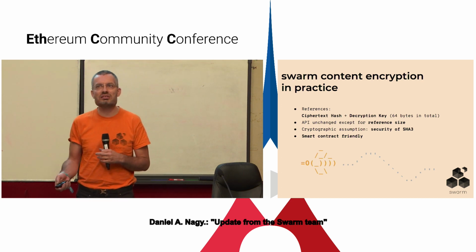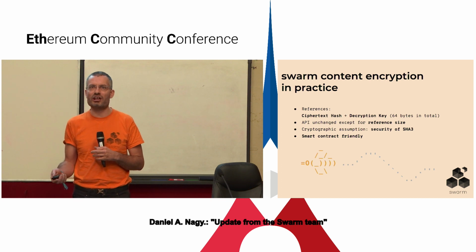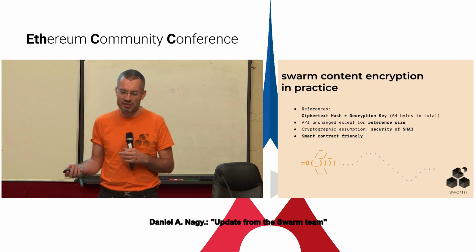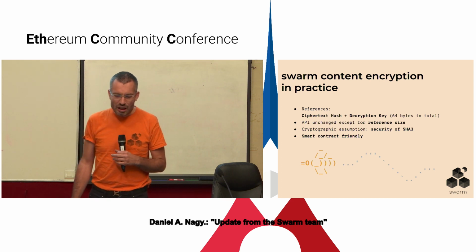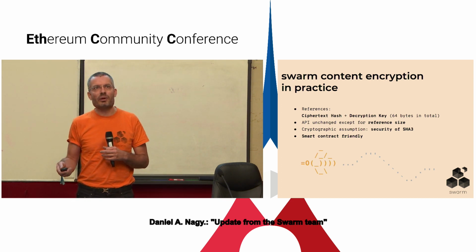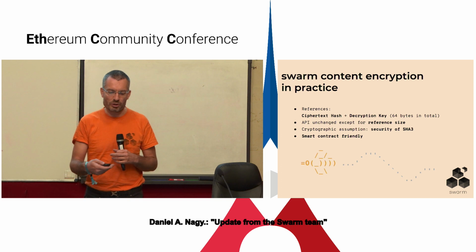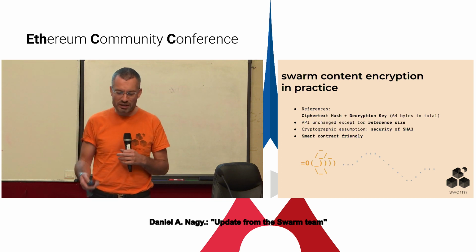And if SHA-3 gets broken, then we will have much bigger problems than that, because that breaks Ethereum. The takeaway lesson here is that we did not introduce any additional security assumptions beyond those upon which Ethereum already depends.